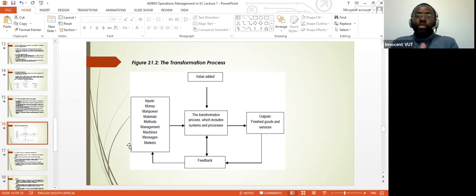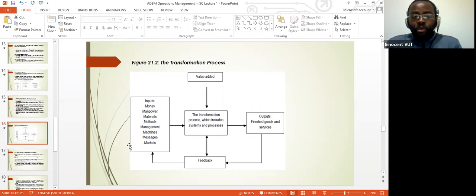And then from the inputs, we have the transformation process, which includes systems and processes. From there, we have outputs, which are finished goods and services. During the transformation process, value is added before we get the outputs.